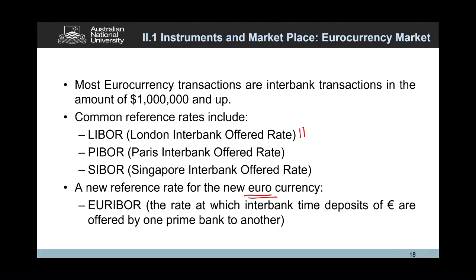And because of the large transactions here, and because of the predominantly unsecured nature of this eurocurrency market, eurocurrency loans are predominantly unsecured. What kind of institutions or corporations do you think can borrow on this market?